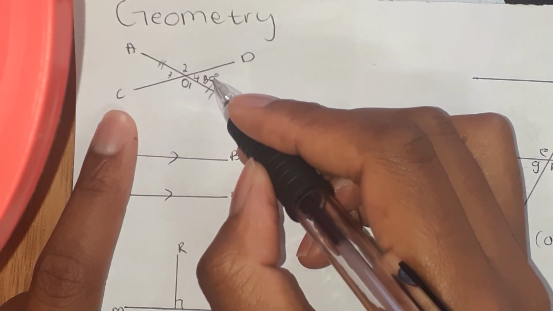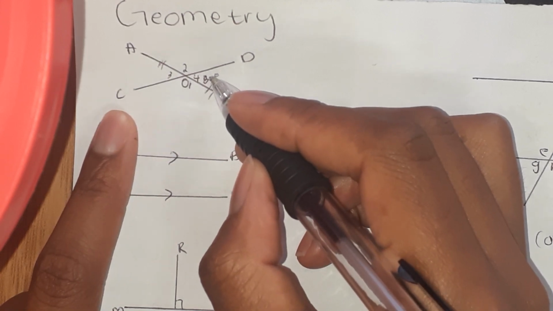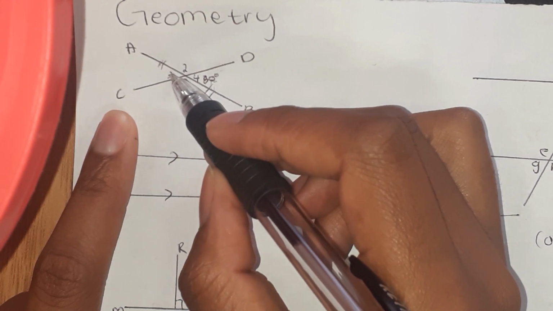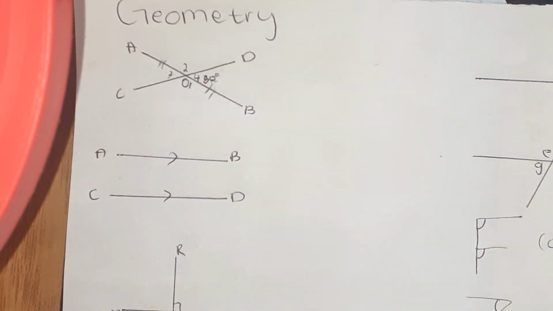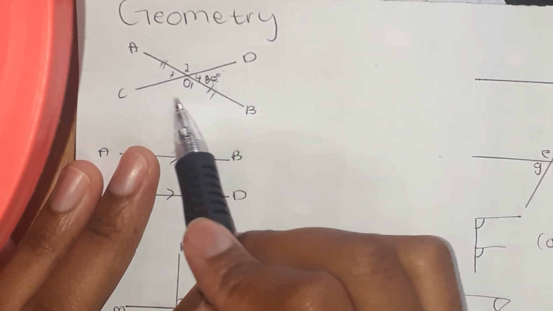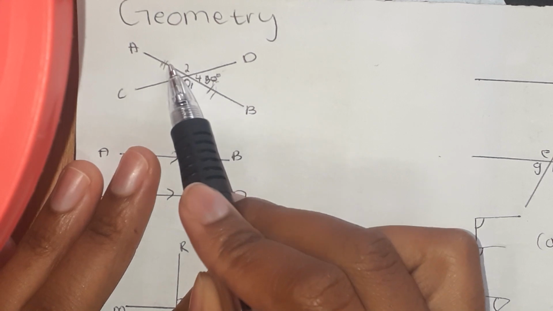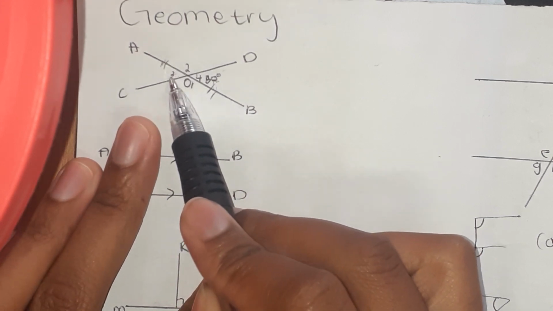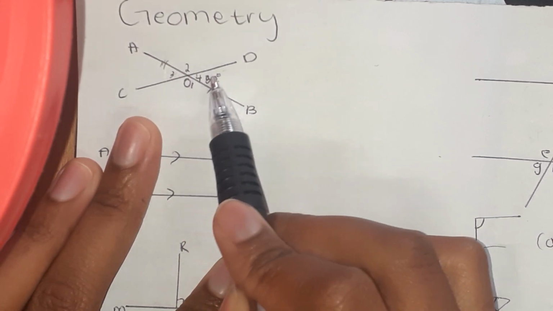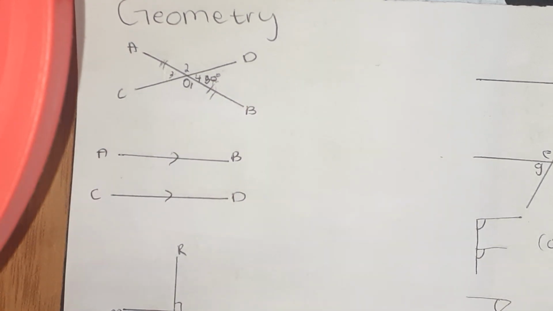So this 50 degrees is also here for the O3. They are vertically opposite angles. So these angles, all of them, are around a point. So when you add them, O1, O2, O3, O4, they should give you 360.